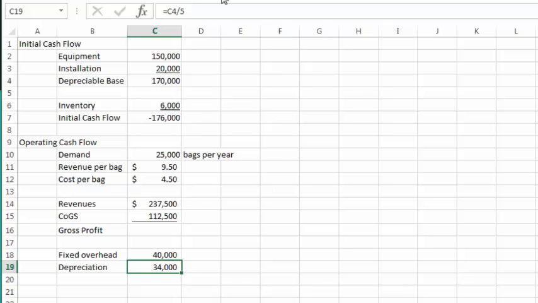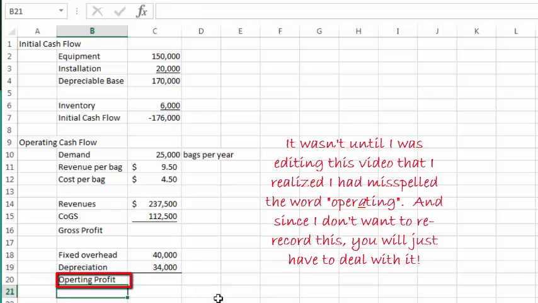So I'm going to sum those. Actually, let's do this. Let's say operating profit. Actually, I didn't ever finish my gross profit, so let's get my gross profit done, which is revenues minus cost of goods sold.